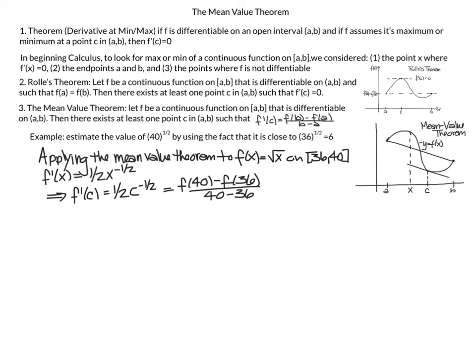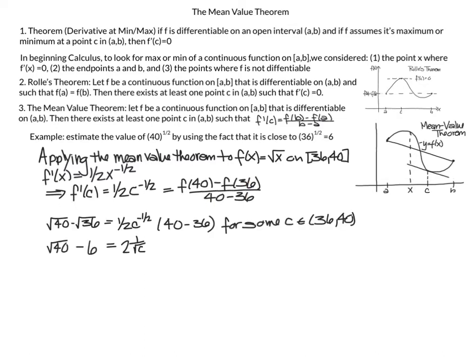So by the mean value theorem, f prime of c, which is equal to 1/2 c to the minus 1/2, is equal to f of b, in this case b is equal to 40, minus f of a, where a is 36, all over b minus a. And some algebra will get us to this line here.